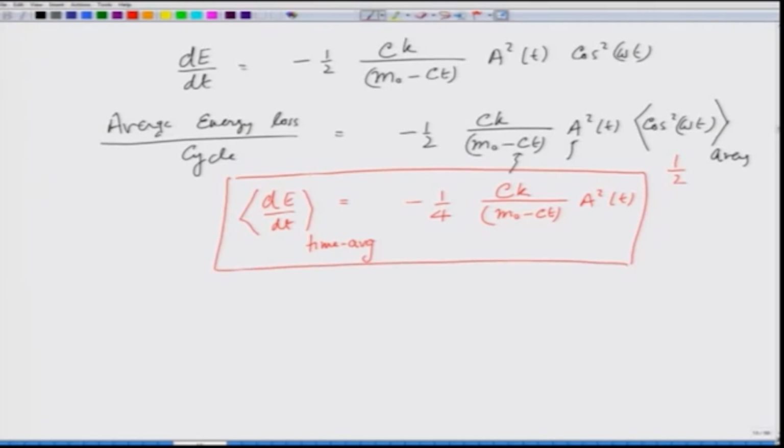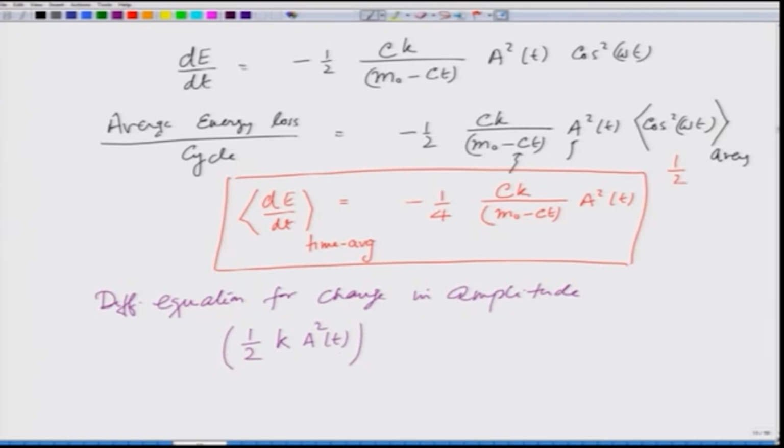So, we found the loss of the energy, and I can now make a differential equation for change in amplitude through this. How do I do that? Keep in mind that the total energy at any time is 1/2 k A squared t, and if I take its d by dt, this is equal to dE/dt time average.